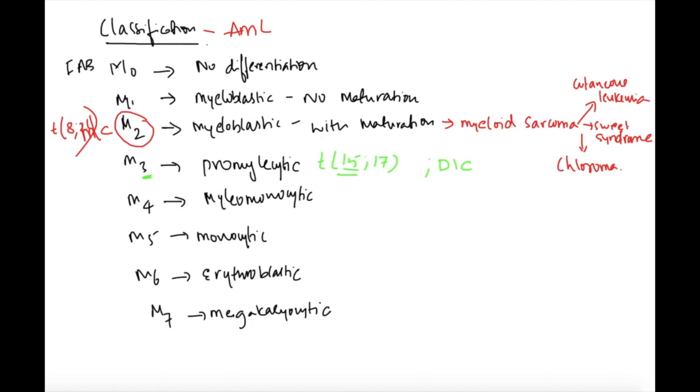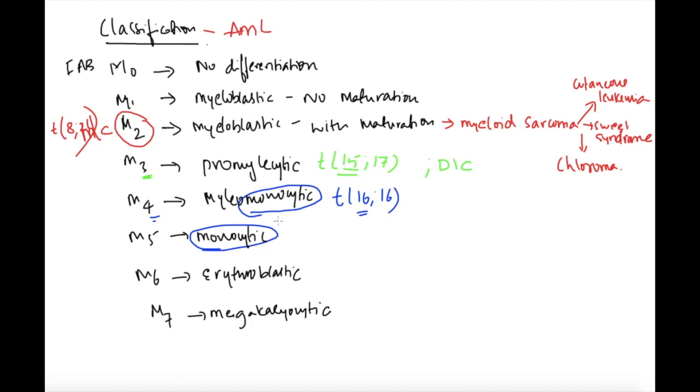Next, let's talk about M4 and M5. M4 is associated with translocation 16;16, and again, 16 is a multiple of 4. It's easy to remember. And remember this, a monocyte, and this is also a monocyte. Monocytes turn into macrophages, which are in the tissue, so they have a predilection to enter the tissue.